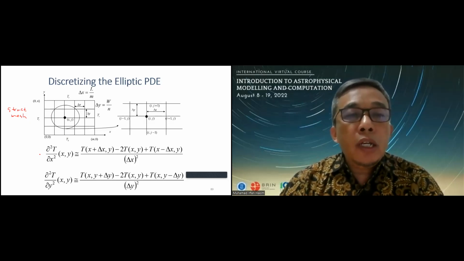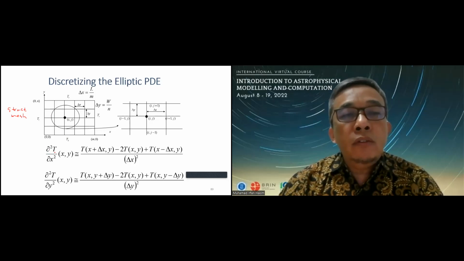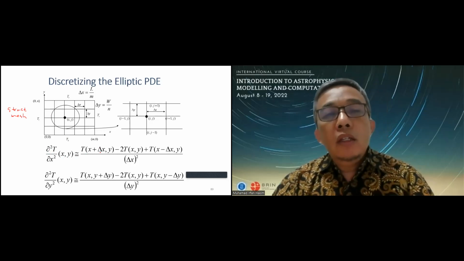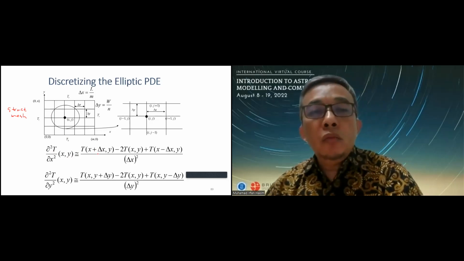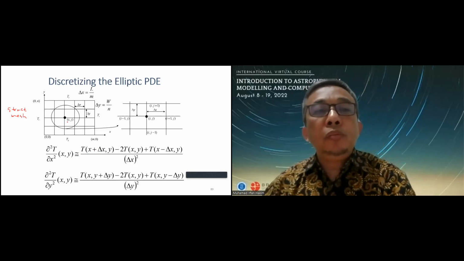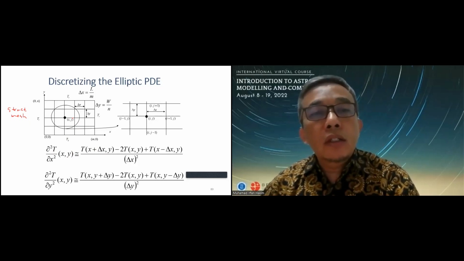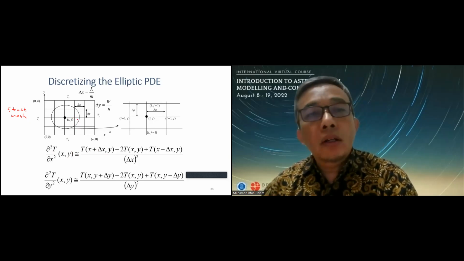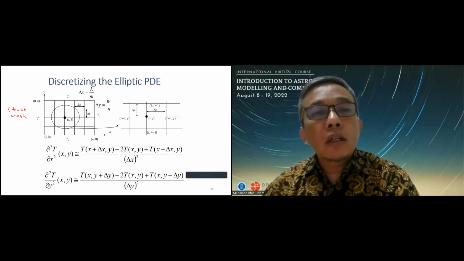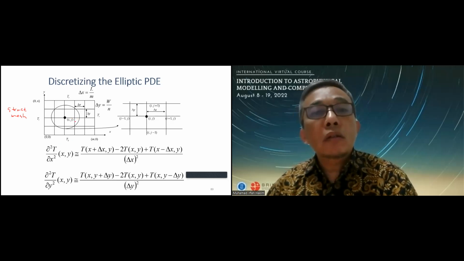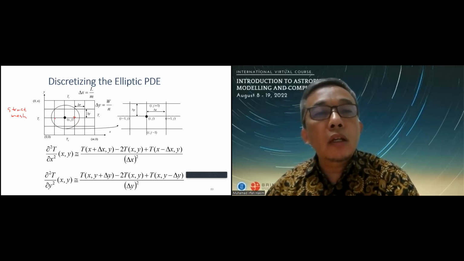You could see here that the second derivative of temperature computed here is related to adjacent nodes on the right here and on the left.